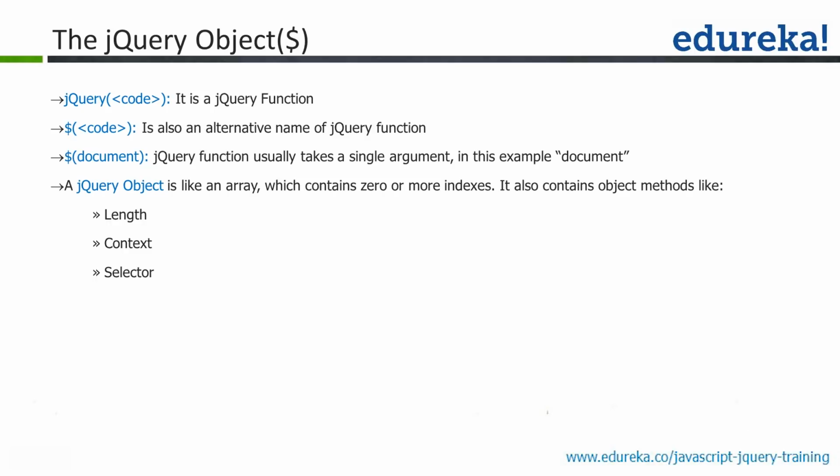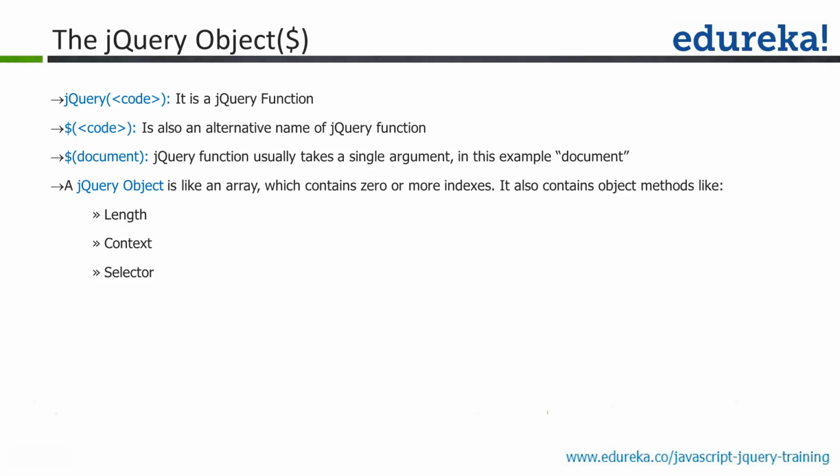You can use either. It is fine if you use dollar or if you use jQuery, but a lot of times the examples that you will find on the internet will be using dollar. So I think for this course, we will stick to dollar. Now, dollar is essentially a function, okay? You need to really look at it like JavaScript syntax. Dollar is nothing but a variable for you.